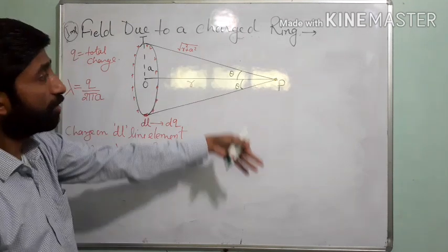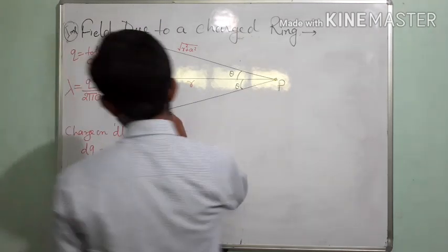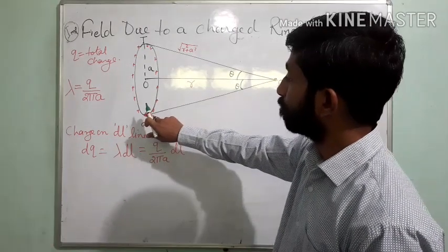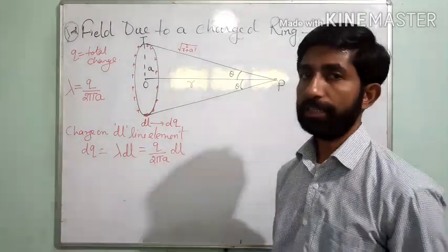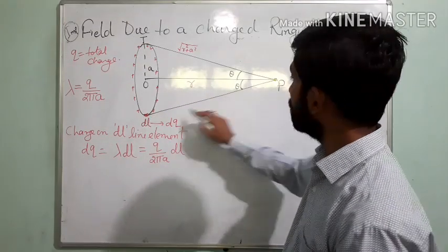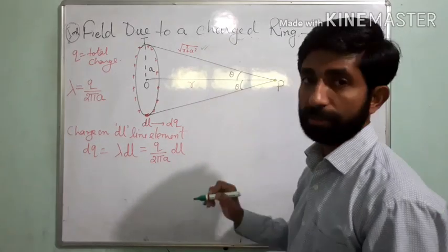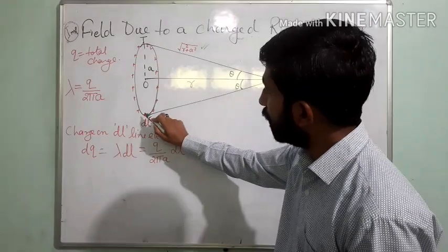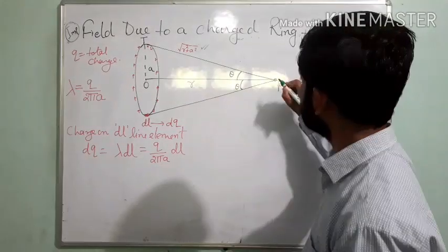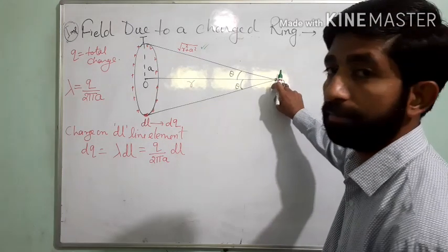Now we have to come to the section of the figure. This segment having charge dq, suppose this is a small point charge placed at this position, having the same distance as before. So this small region will produce an electric field at this point, directed along this line. Clear?